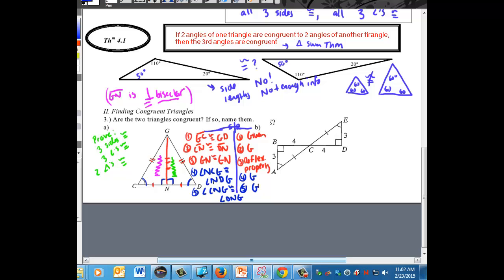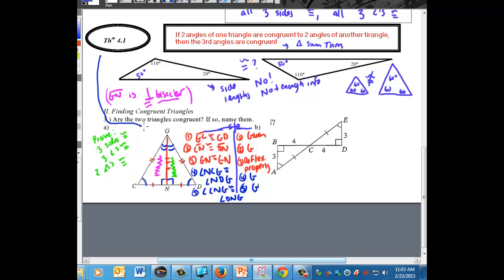Alright, then our last statement, for 6, we want to prove that these two angles are each congruent. And you're thinking, well, it's not given to us. We can't use the reflexive property because these angles aren't shared. But what I can use is this theorem up here, 4.1.